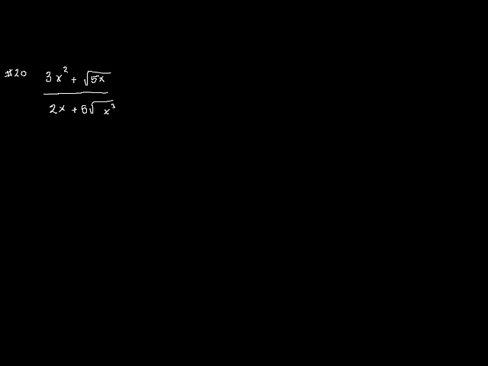So in a different color, I'll write in yellow, we're going to multiply by... now to get rid of this square root in the denominator, I'm going to have to do something that's called the difference of two squares. Now when you have something like this, I'll call it a plus b.